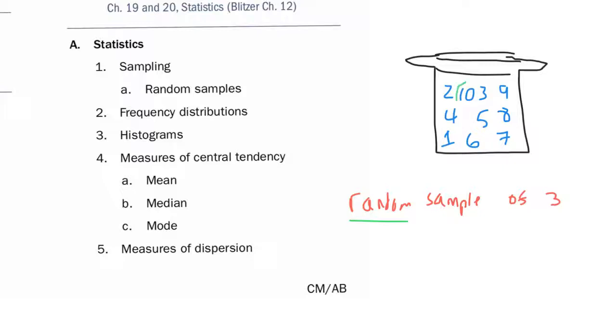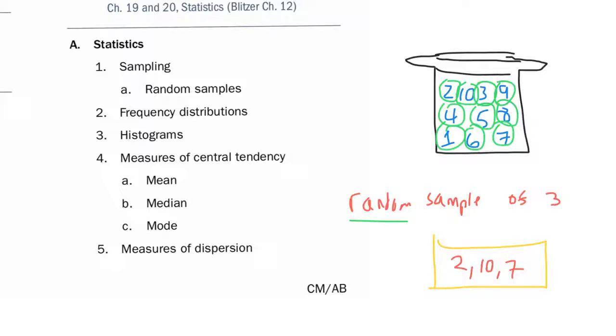And I will circle these. And there's ways of doing it. For example, in the case of the top hat scenario, maybe you would just have somebody, without looking at the numbers, reach in the top hat and pull out 3 numbers, right? Imagine it's 2, 10, and 7. Well, those would be the random samples in that case.